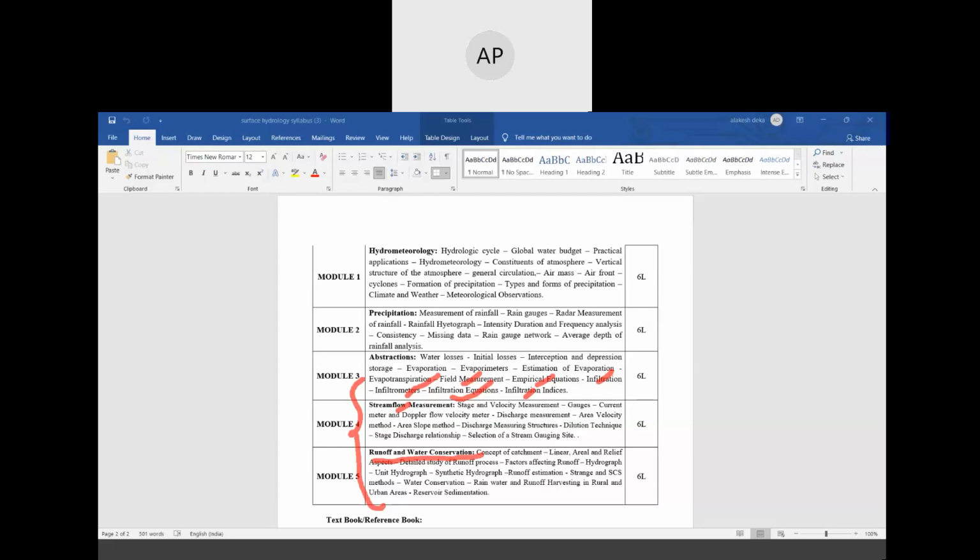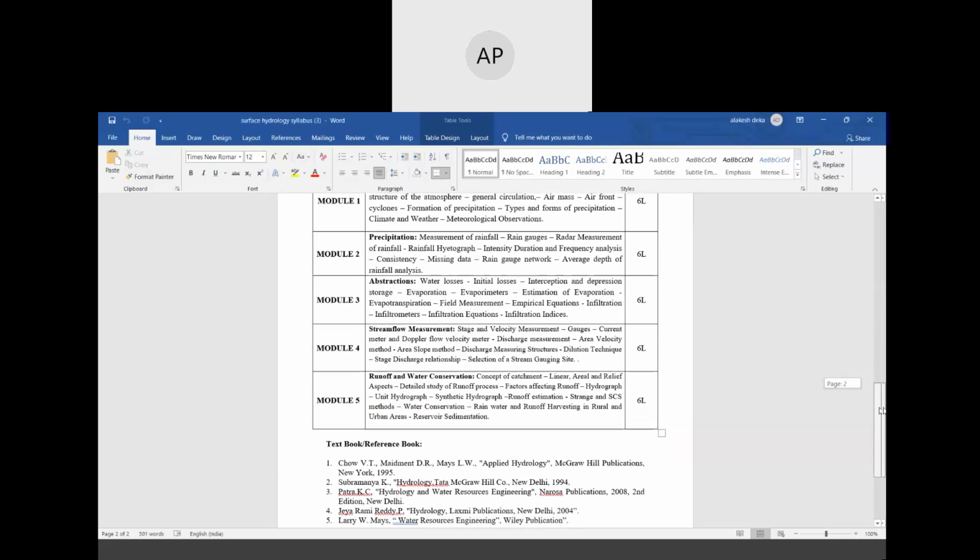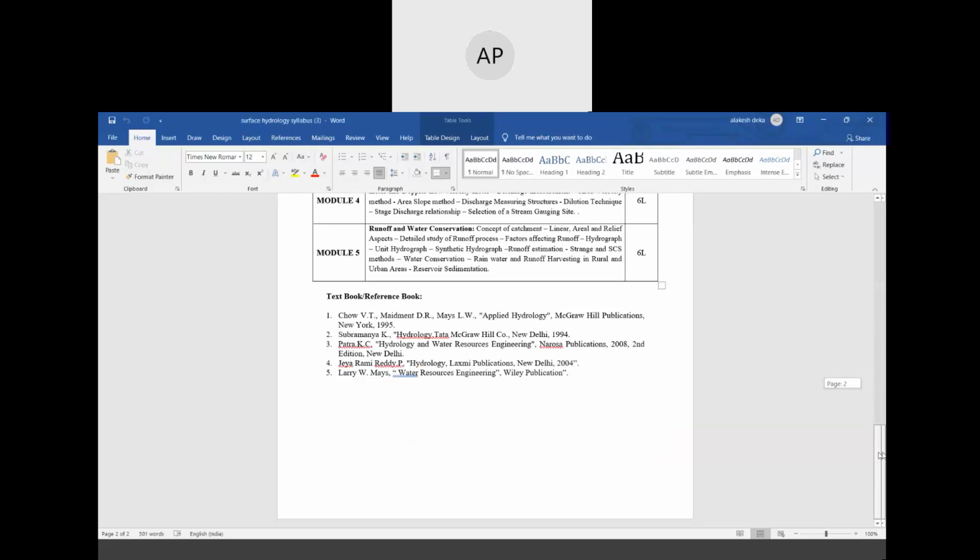Books for the subject: you can follow Applied Hydrology by V.T. Chow. This is a very, very good book about applied hydrology.